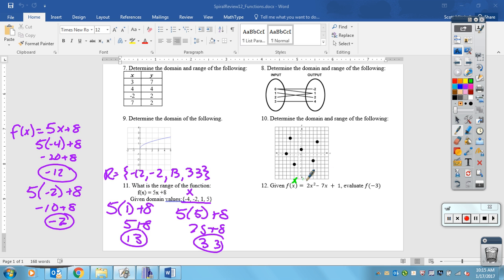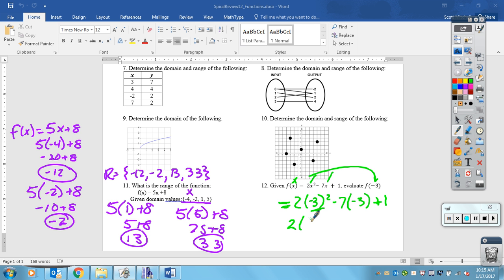12 says, given this, evaluate f of -3. Again, where x was is now -3. So everywhere I see x, I'm going to put -3. It's important to use parentheses and follow order of operations. I just plugged in with parentheses. When do we follow order of operations? Always. So this is not -6 squared. Squaring comes before anything else. -3 squared is a -3 times a negative, and a negative times a negative is a positive.